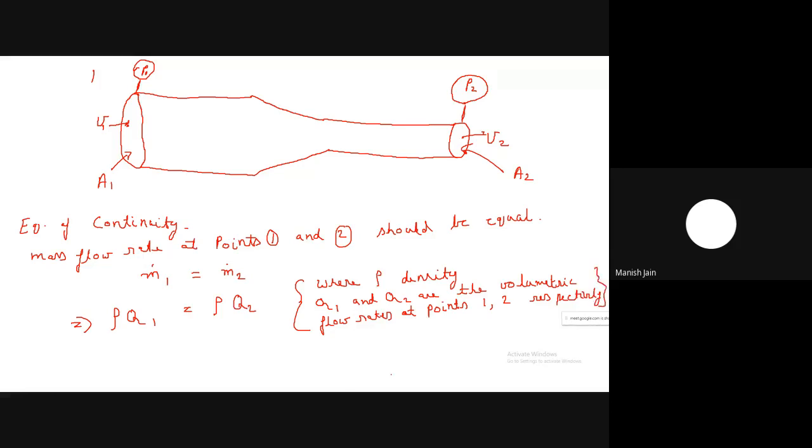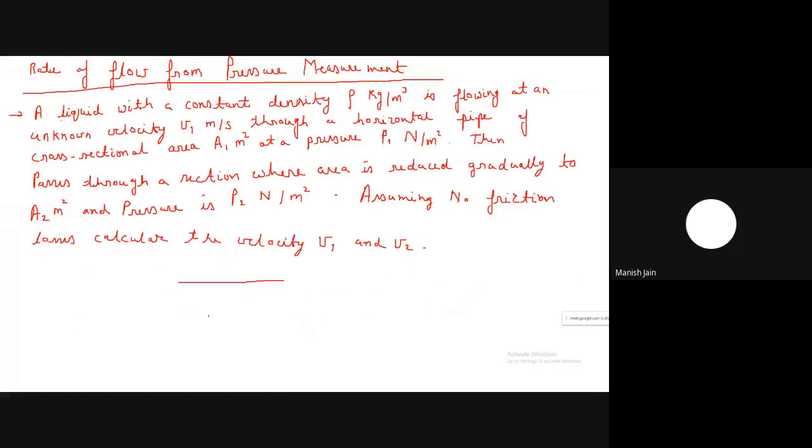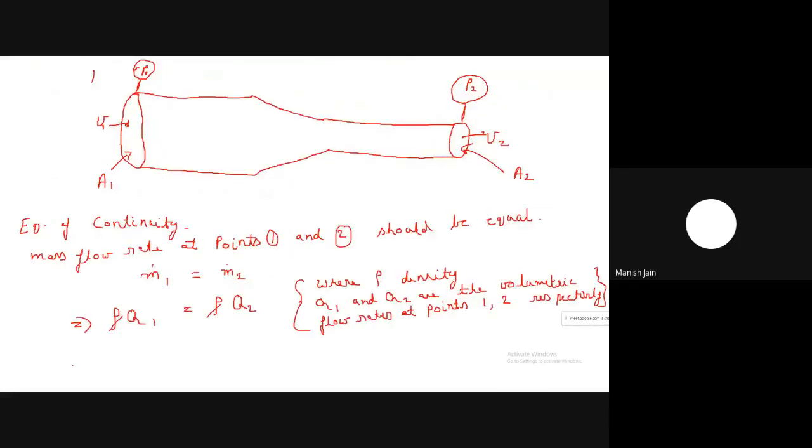Now this rho will be cancelled out because rho is constant, as given in the problem. So you can cancel out the rho. Now you will get Q1 equal to Q2.